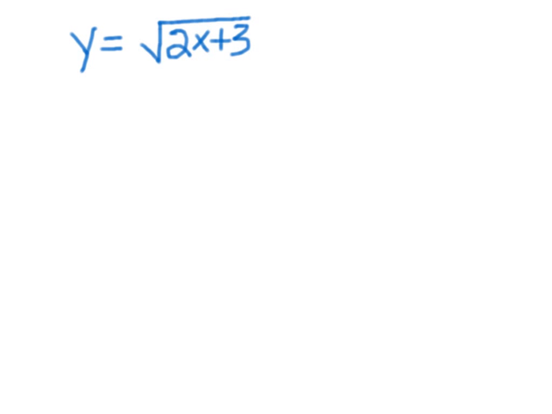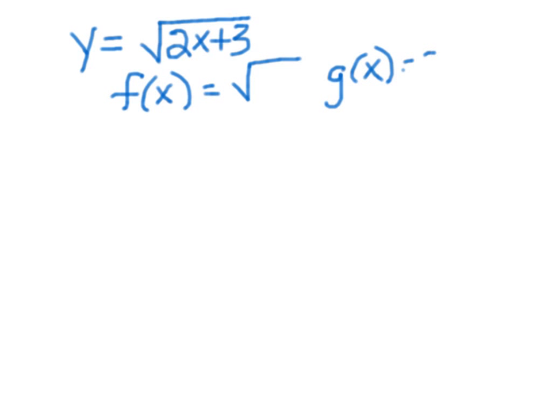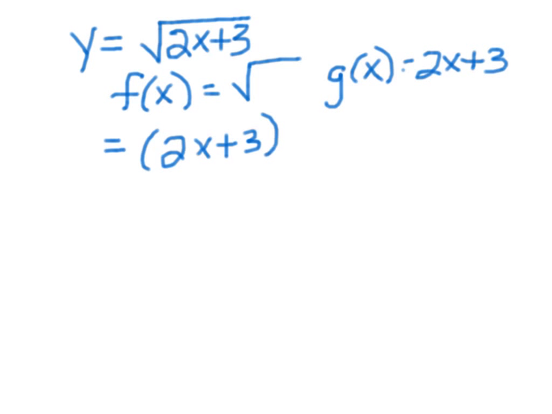So we could say that our f of x, the outside, is the square root. And our inside is 2x plus 3. And we need to rewrite our exponent. So instead of the square root, we're going to have 2x plus 3 to the 1/2.